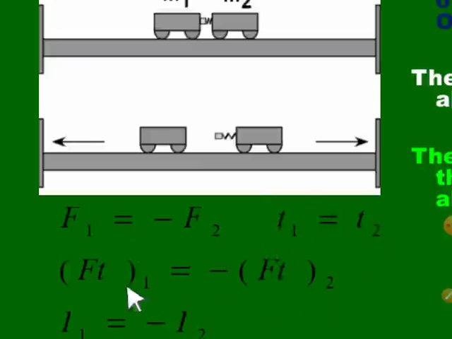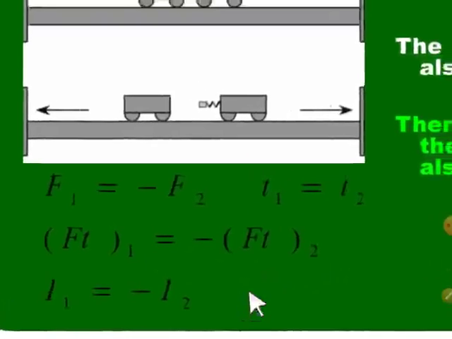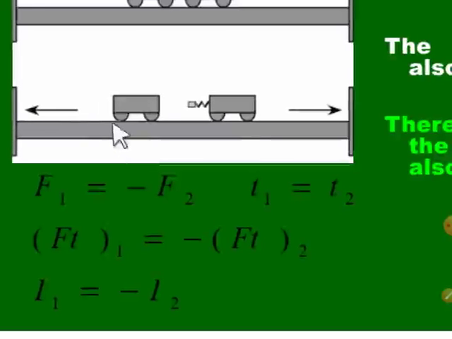So the impulse experienced by the first body will be equal to, on the right-hand side, the impulse experienced by the second body. Got it? As the forces are equal and opposite, the impulse experienced by the first body will be equal and opposite to the impulse experienced by the second body.